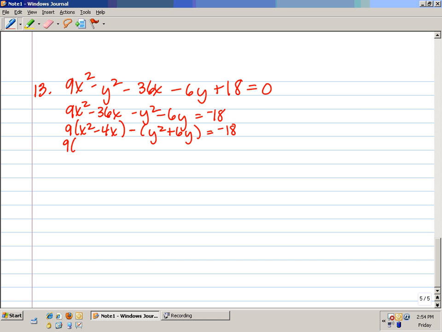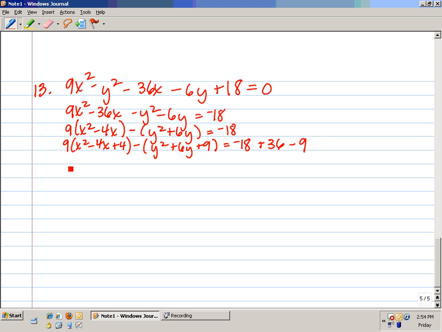Complete my square. So remember, 4 divided by 2 is 2, and 2 squared is 4. And then here we have 6 divided by 2 is 3, and 3 squared is 9. Because I added 4 times 9, that would be 36. And then here I have 9 times negative 1, so that's negative 9.